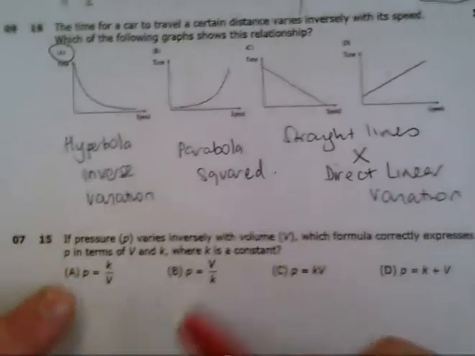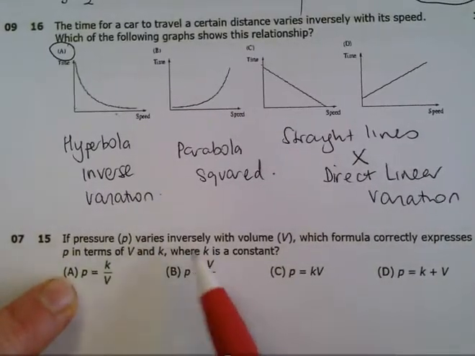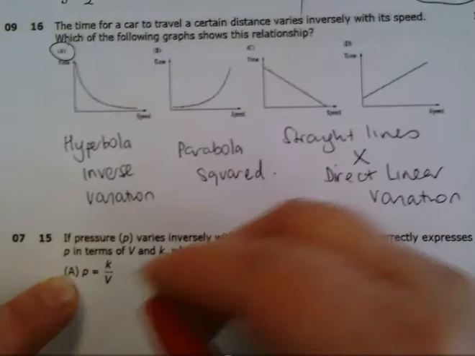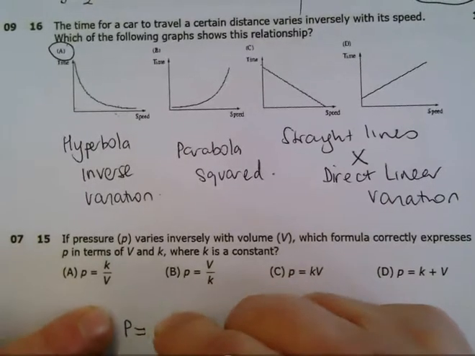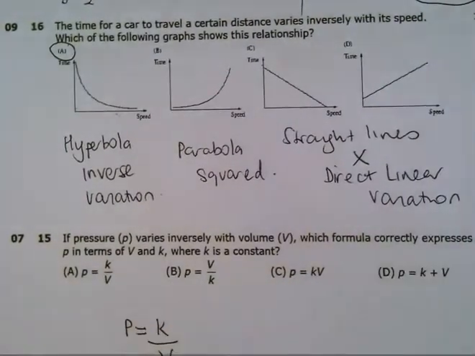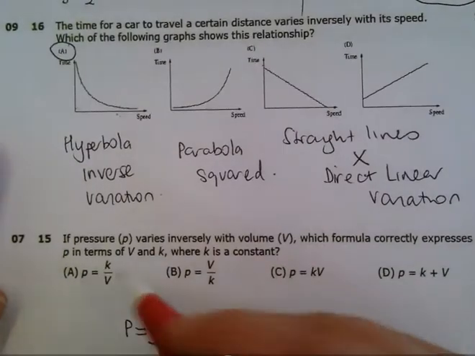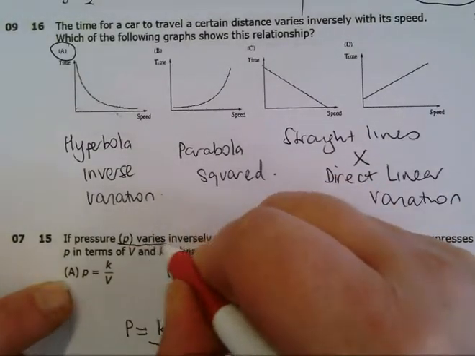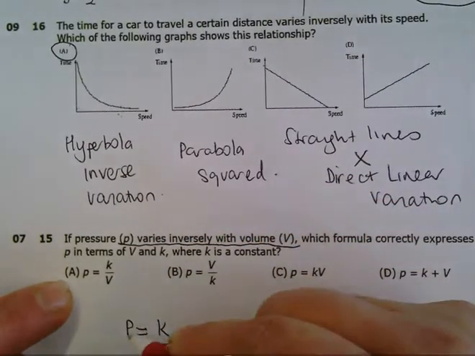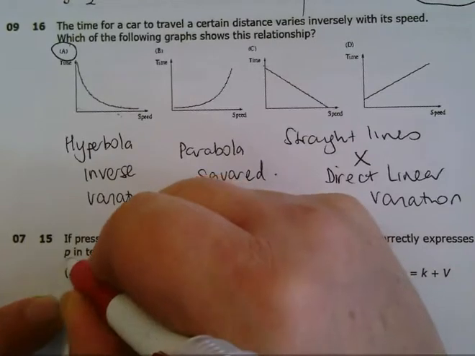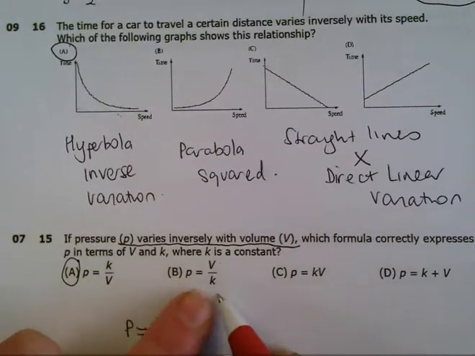Now, this question here: if the pressure P varies inversely with the volume, we go P equals K over V. Which one is correct? A, B, C, or D? That's our first step. If P varies inversely with the volume, P equals K over V. Girls, the K is in the wrong position here.